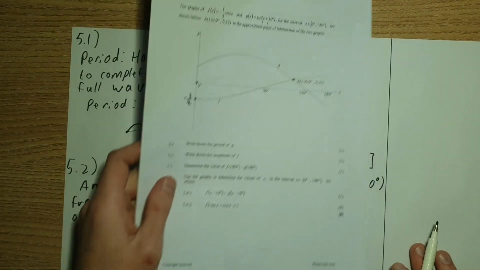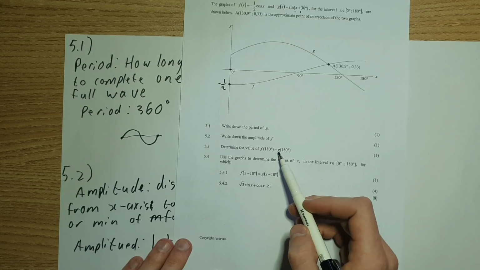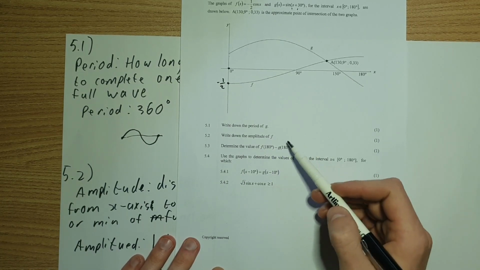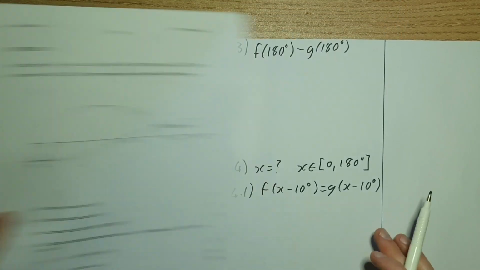Now 5.3 says determine the following: f of 180 minus g of 180. So just substitute the value of 180 degrees into your two functions and subtract them from each other.